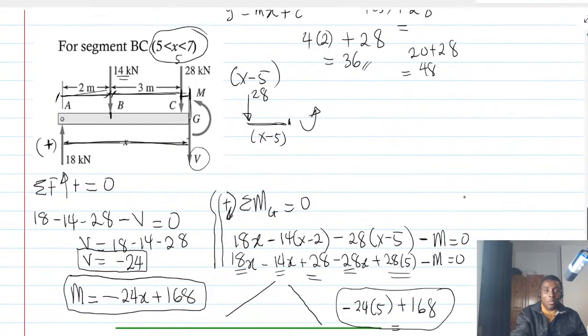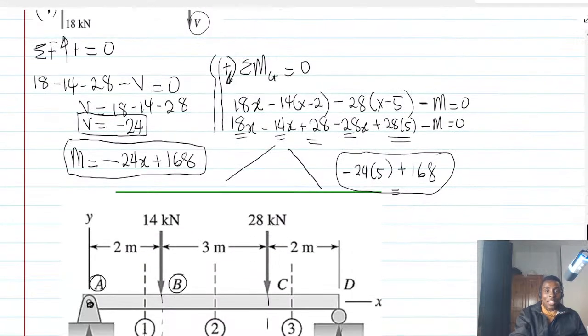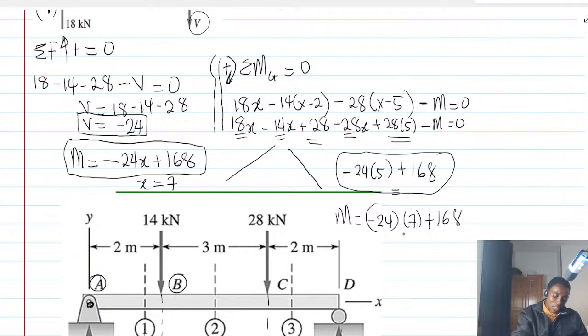So we said that between 5 and 7, right? Okay. So if that is the case, put 7 into the equation. You want to get the value at x equals 7. I will not tell you. So what is it? The moment at that point is minus 24 times 7 plus 168. Type the answer there. 0.